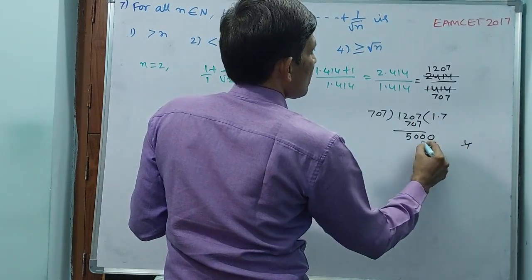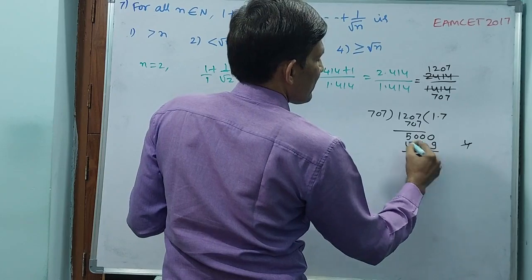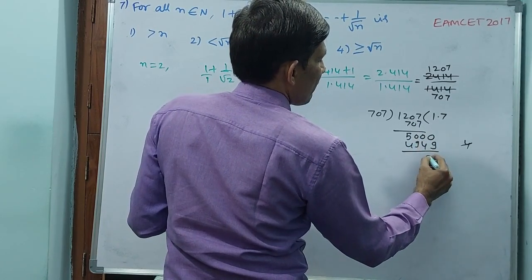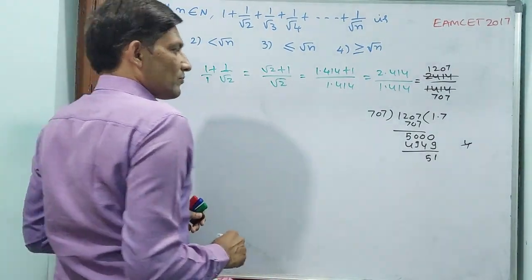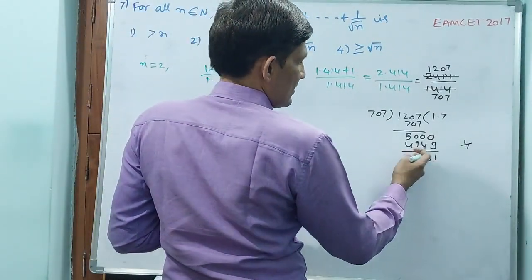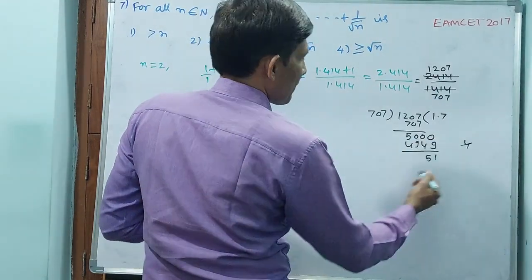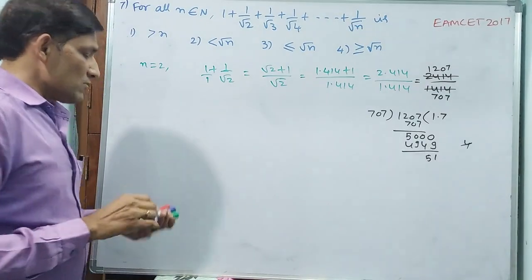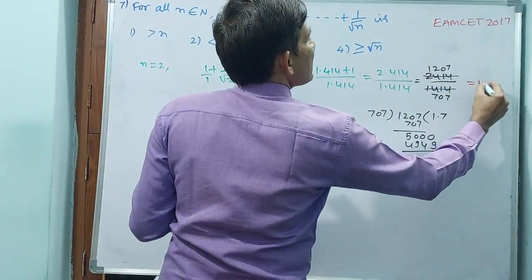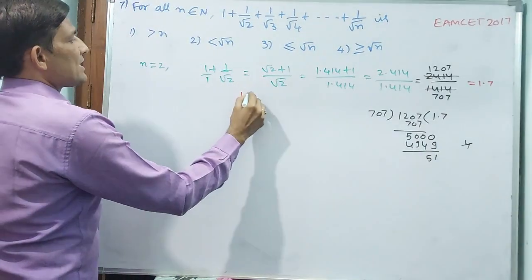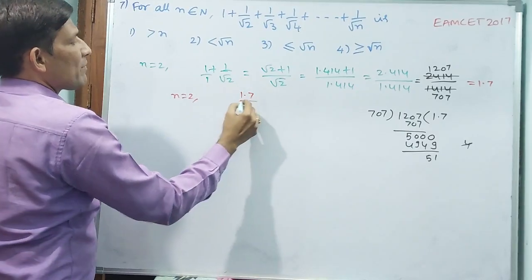The answer 1.7 has come. See this final value is 1.7. If we go with n equal to 2, the final series has come to 1.7.